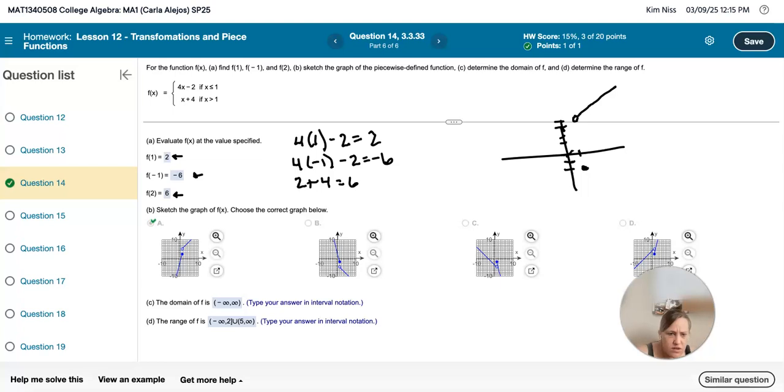Or actually, hold on, sorry. To the right 2 units if x is greater than 1. So, if x is less than or equal to 1, that's where we're going to get our filled in circle there, and it's going to look something like that. And so that's our transformation for 4x minus 2, and that's how we got A as our answer.